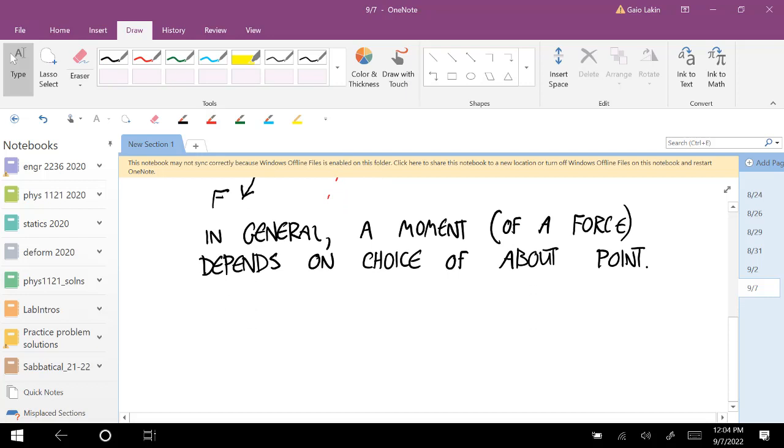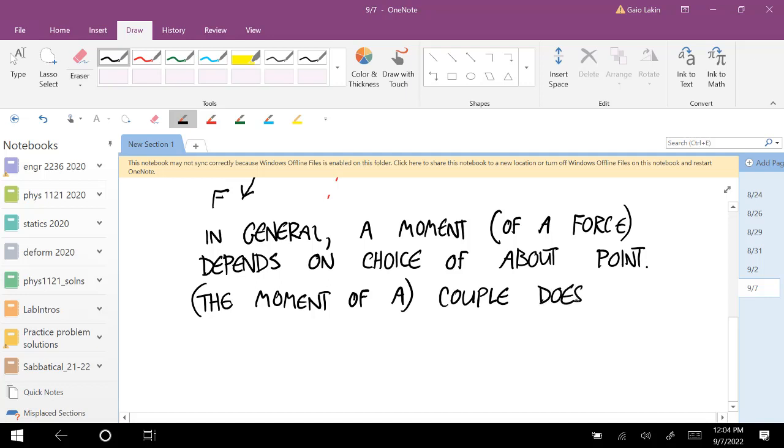The moment of a couple, I'll put that in parentheses because I'm usually just going to talk about moments, and that means moment of a force, and couple means moment of a couple, doesn't depend on the about point.